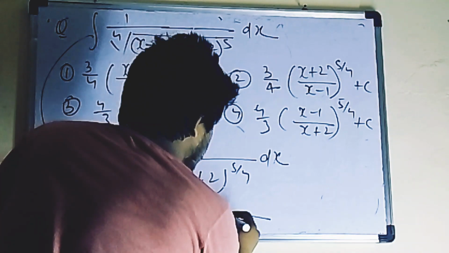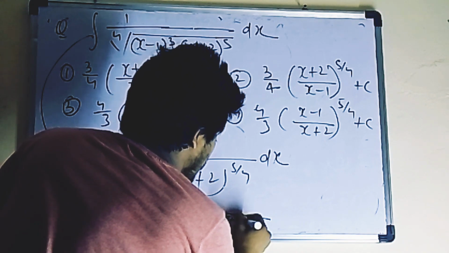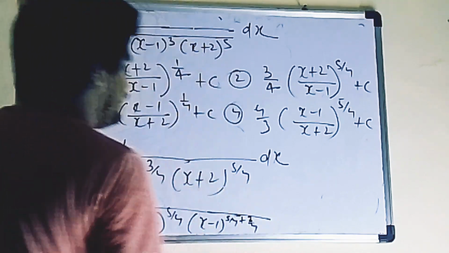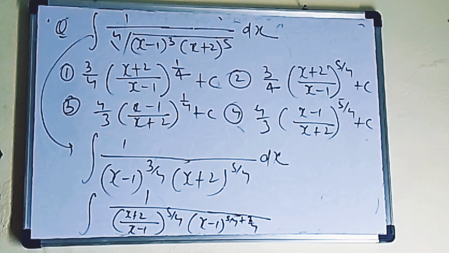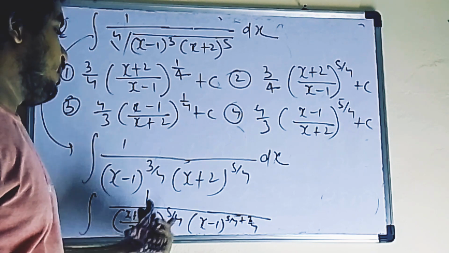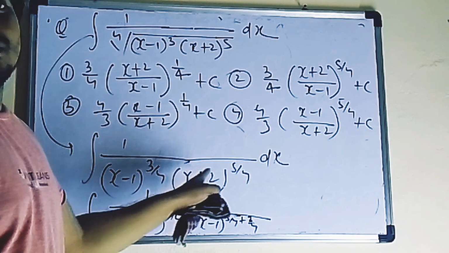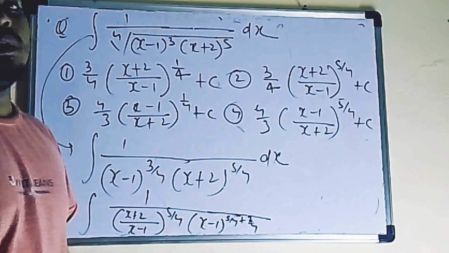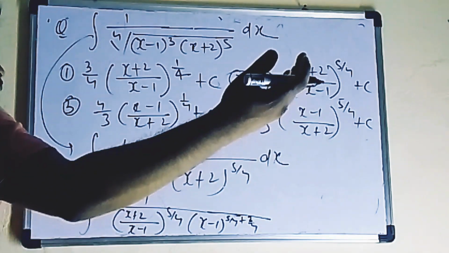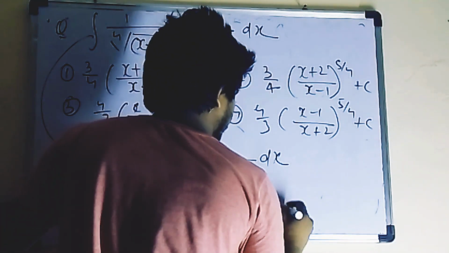So can you say this as 5 by 4 plus 3 by 4? Because I divided by (x minus 1) to the 5 by 4, I multiplied it here, and already (x minus 1) to the 3 by 4, so addition of power in multiplication. Clear? dx. Clear?